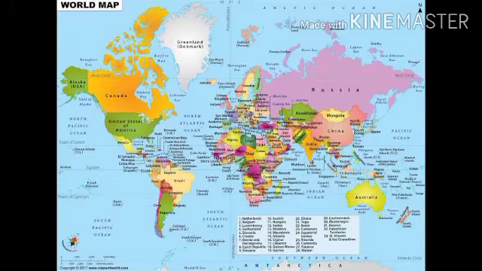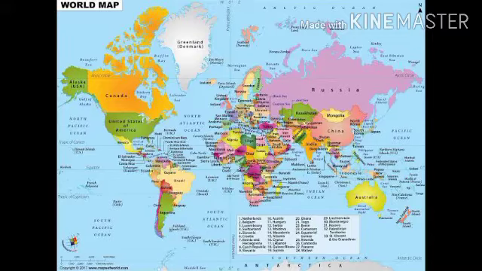Africa is the second largest continent in the world after Asia. The 0 degree equator divides the earth into two equal parts.